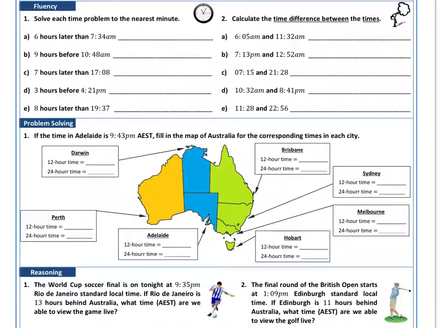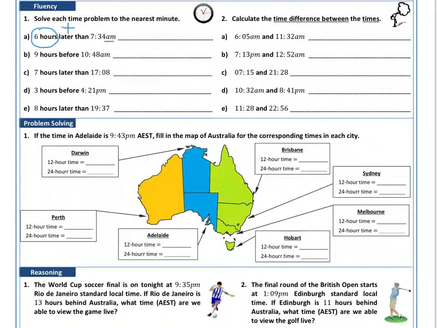Looking at question 1A, I'm asked to find the time in 12-hour time if I want to add on 6 hours, as it says 6 hours later than 7:34 in the morning.